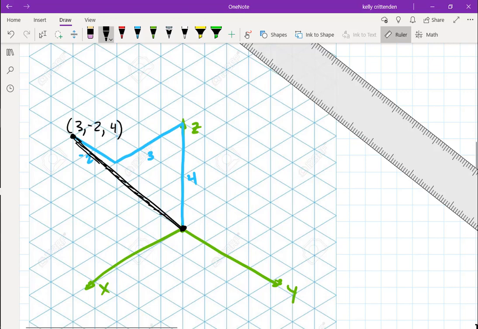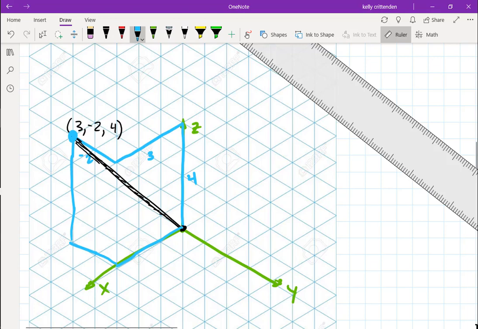That would be a little simpler, less cluttered. What it means is those blue lines go, in this case in order, positive 3 in X, negative 2 in Y, and positive 4 in Z, and you'd end up in the same spot.